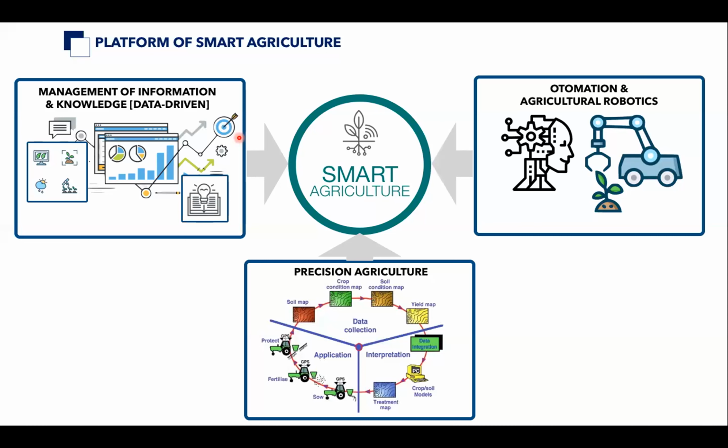Now, we try to make a concept of smart agriculture, as I already mentioned in the beginning. That's how to develop appropriate smart agriculture, because we cannot make a generalization of smart technology. So in our concept, there are at least three steps in smart agriculture.